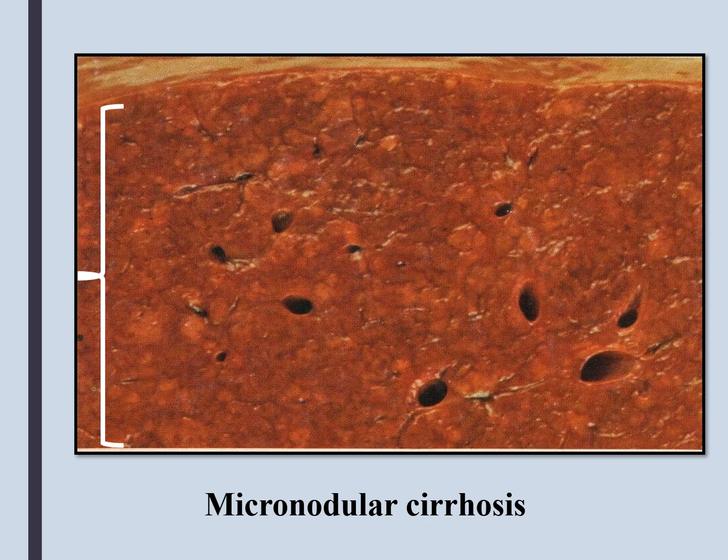Now, in this slide, the cut surface of the liver is diffusely nodular, and the size of the nodules is less than 3 millimeters in diameter. Therefore, it is called micronodular cirrhosis. These nodules are composed of regenerating hepatocytes separated by bands of fibrous tissue.